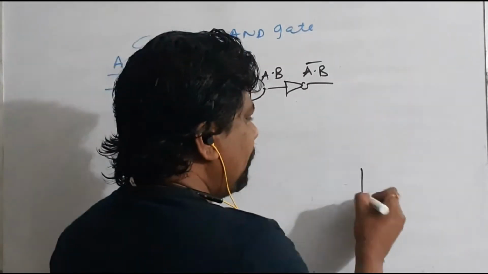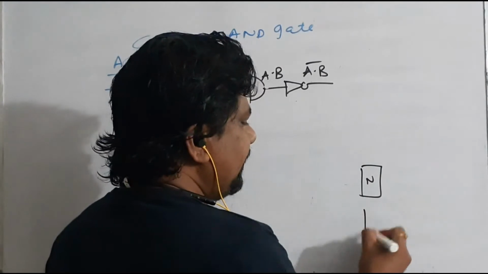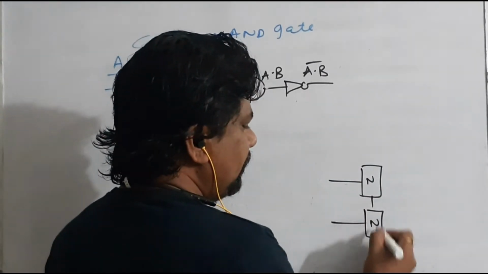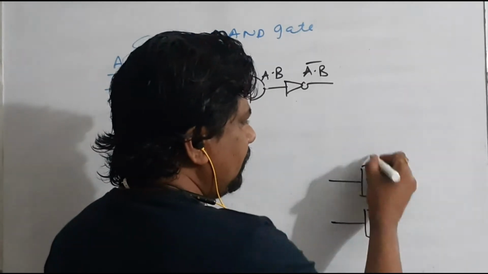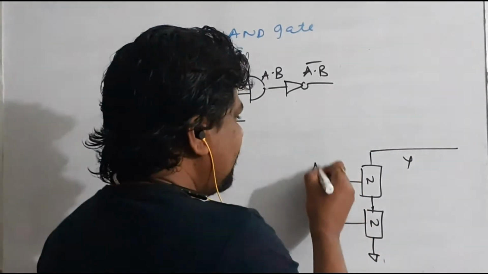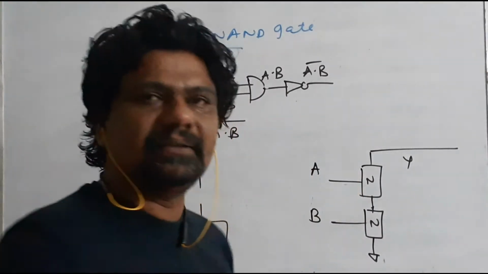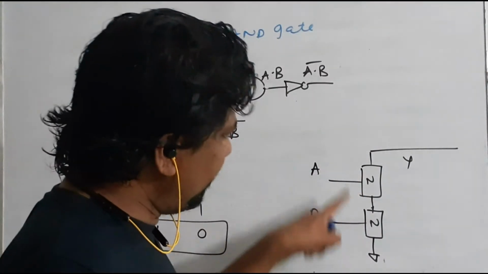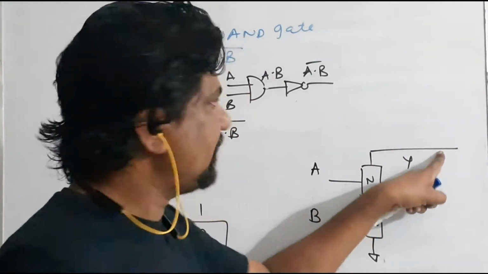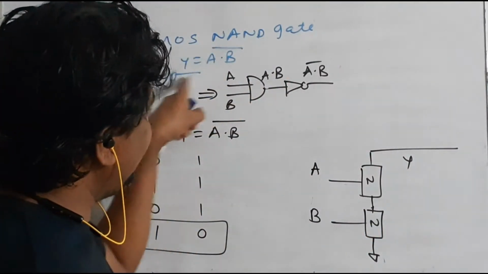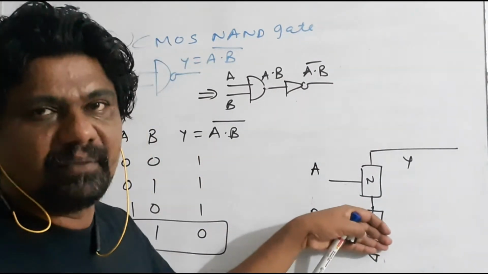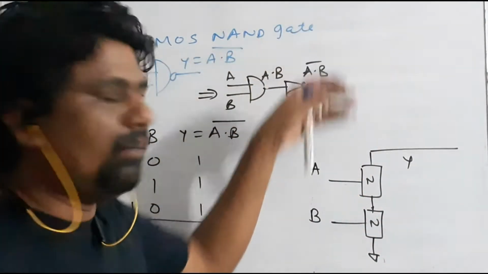So I have two NMOS connected in series. This is nothing but AND's logic, A B. Whenever A B both are 1 1, then only VSS will pass here, because I am basically interested in getting a NOT of that. So the lower section I will design by using NMOS. The upper section will be the complement of this.